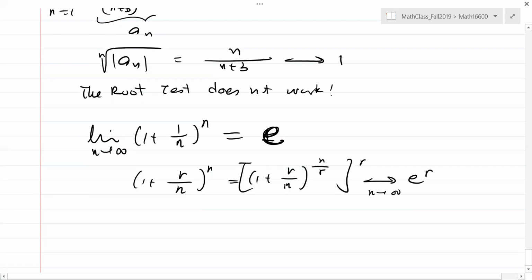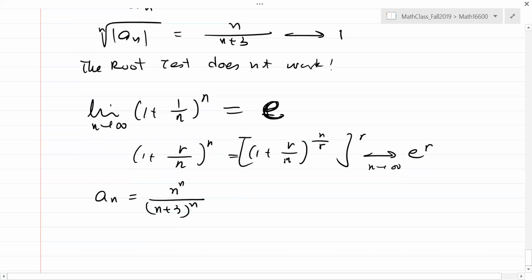All right, so go back to my term. My term is n over n plus 3, to the power n, right? So I can write it in the following form. If I express it in that form, it's clear, right?